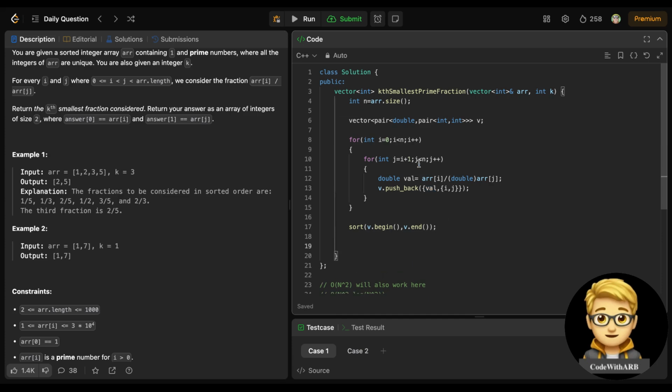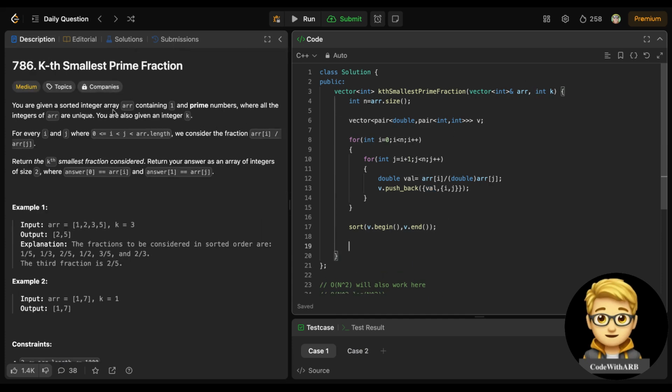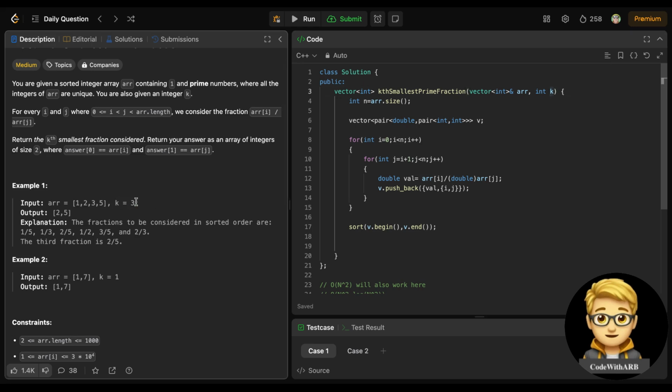So now what we need to do is find the kth smallest fraction. The kth smallest fraction is given here from 1 to 3, but in this we have index values from 0. So I need to return the k minus 1th element.